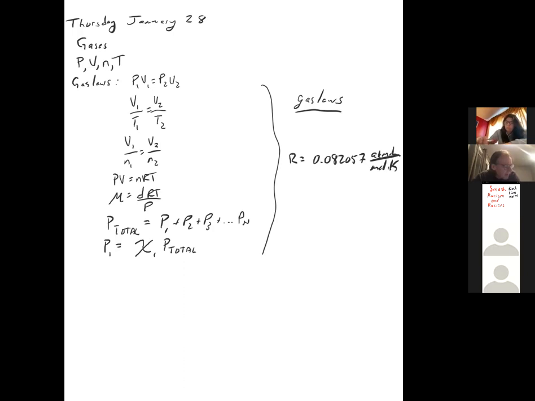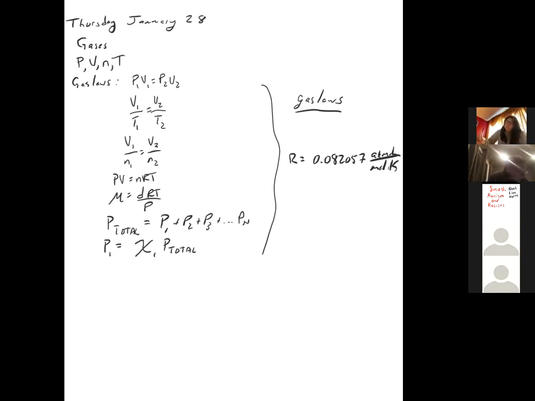Okay. And you can have violations of the law. There are cases where the pressure times the volume is not constant. That happens. And so those are the things that we study in the sciences: when do these laws get broken and what's causing them to be broken and all of that.